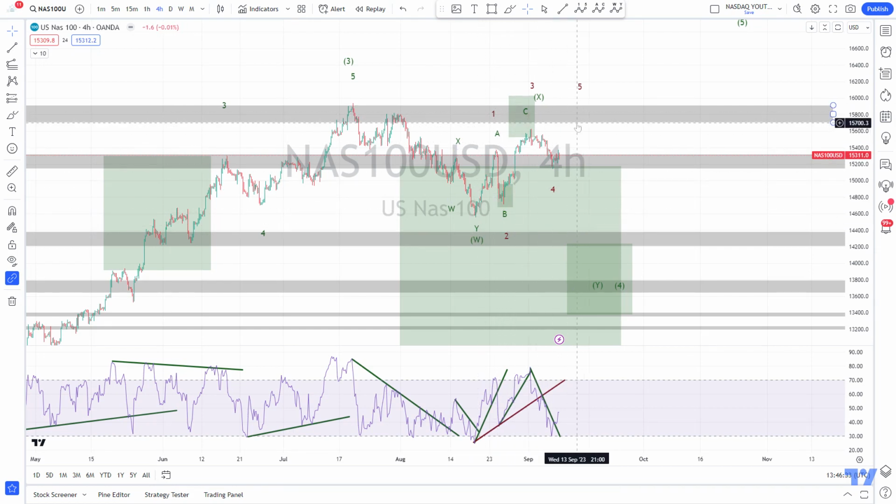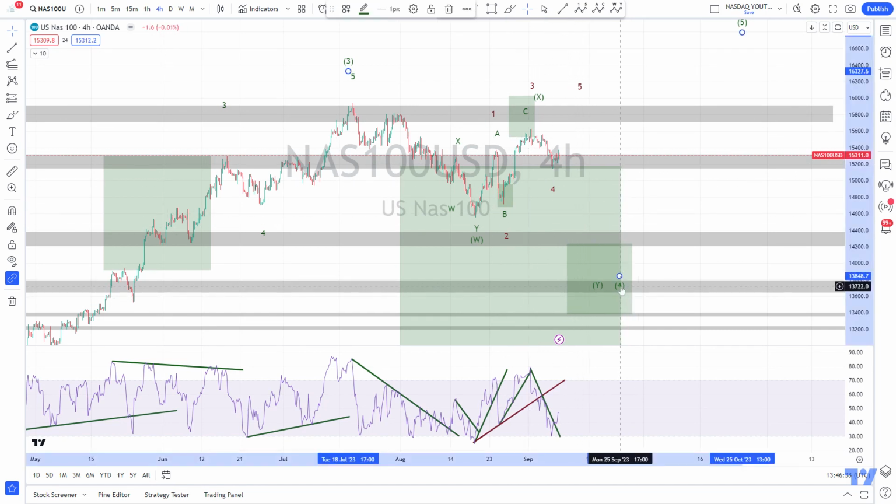And if we get this 5 waves up here, then actually there's a high chance that we finished our wave 4 here, and that this is the start of a new impulse which would be our wave 5 to the upside. But yeah, it's a bit too early to draw this conclusion.